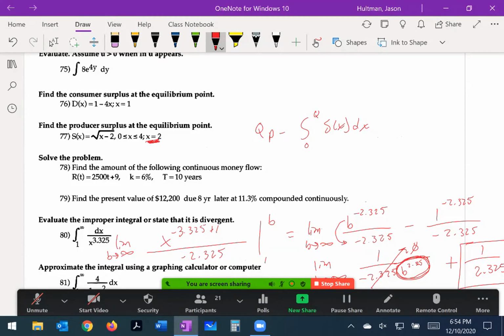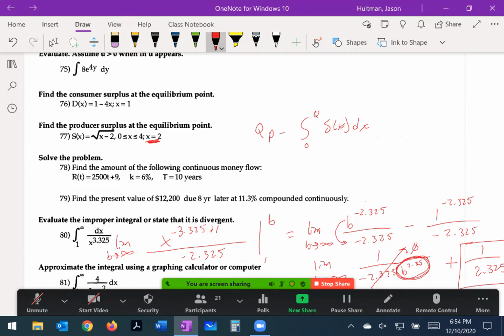So that's fine. Okay, find the consumer surplus at the equilibrium point. Boom. Find the producer surplus at the equilibrium point.